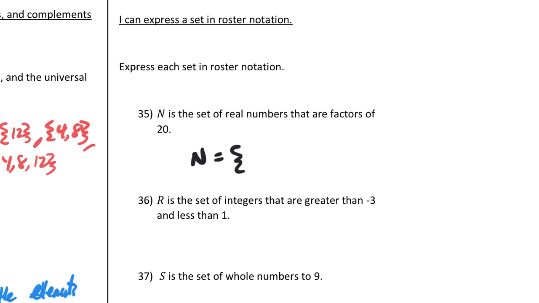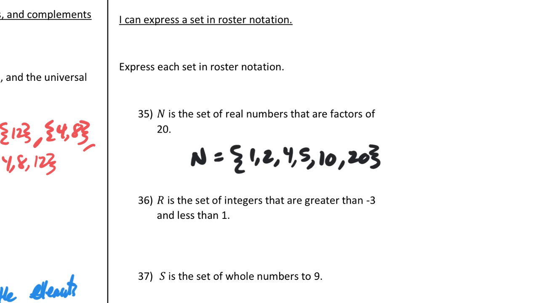So we just need the real numbers that are factors of 20, which are 1, 2, not 3, 4, 4 times 5, 10, and 20. I think that would be it.